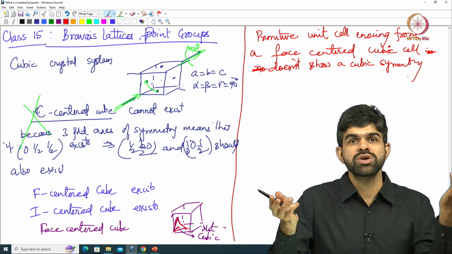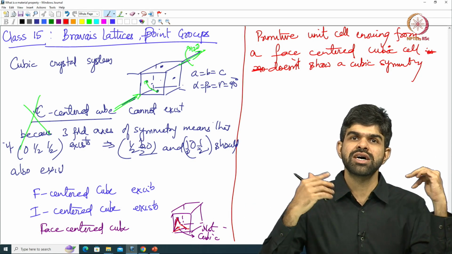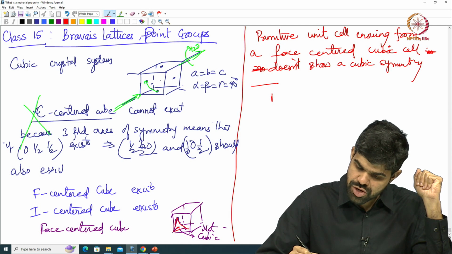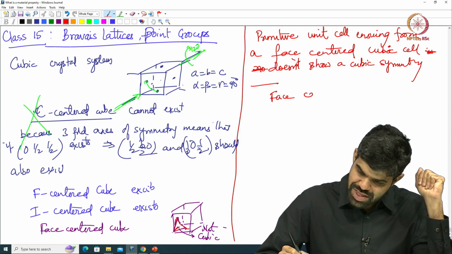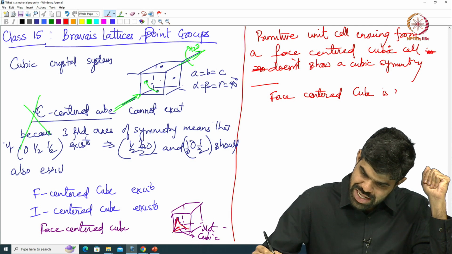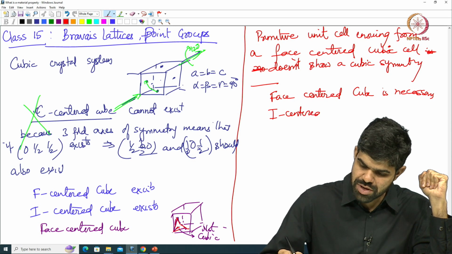As a result, I do not see that the underlying symmetry is 4 threefold axes of symmetry. So, a face centered cube is necessary. So is an I centered cube, or a body centered cube.